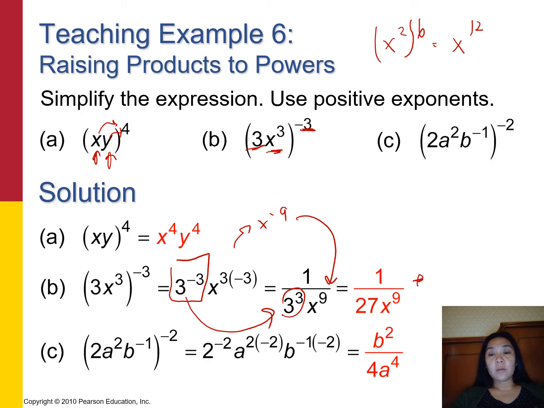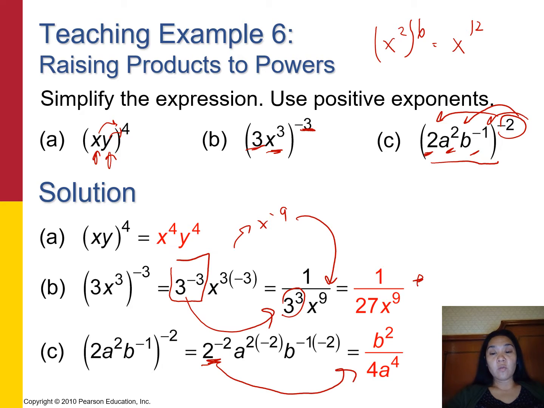And the last problem here, notice there are 3 things. There's a 2, there's an a squared, and there's b to the minus 1. You're going to distribute this negative 2 exponent to every single term. So 2 to the minus 2 power is actually 1 over 4. A to the 2 times minus 2 power is a to the negative 4 power, and this becomes a to the 4th power as the denominator.